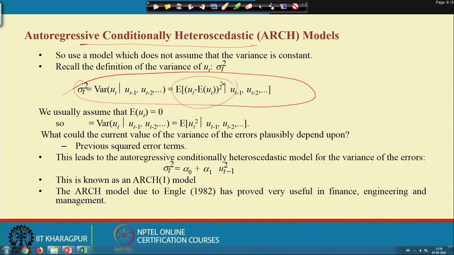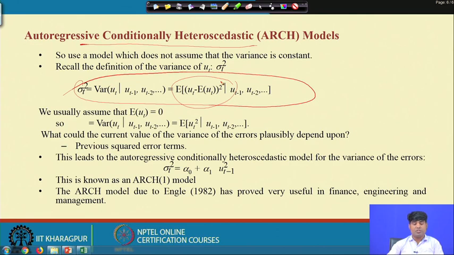And then the condition is that, as per the OLS requirement, the error term should converge to mean 0 and the variance of the error term should converge to 1. That is, normally distributed with 0 mean and unit variance. Sometimes it may not be the case when the error variance is not unitary.